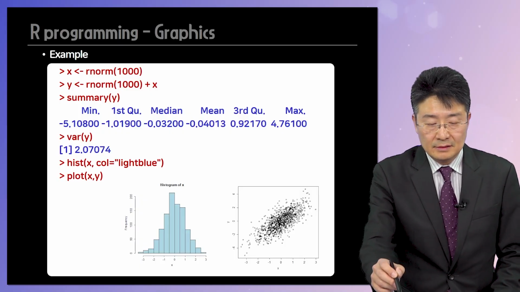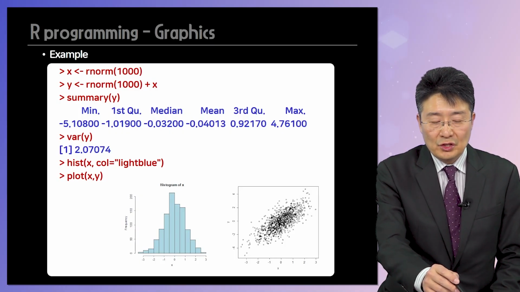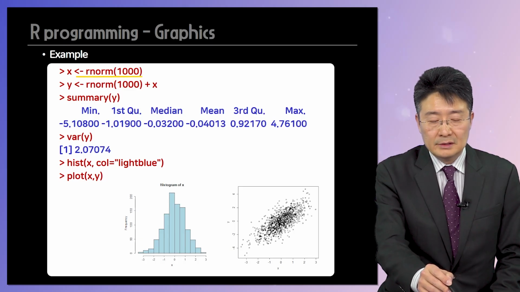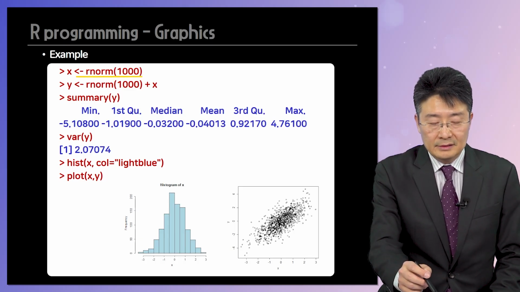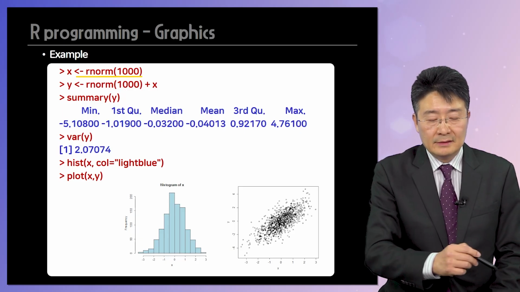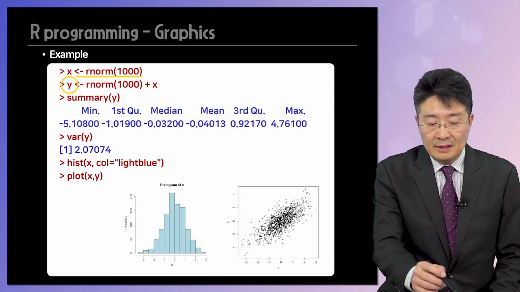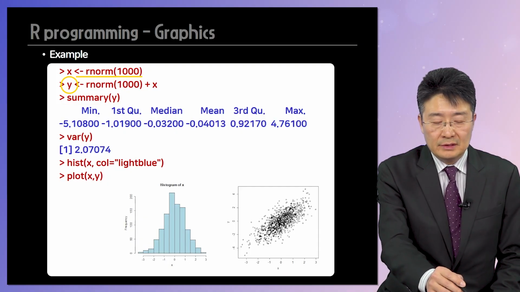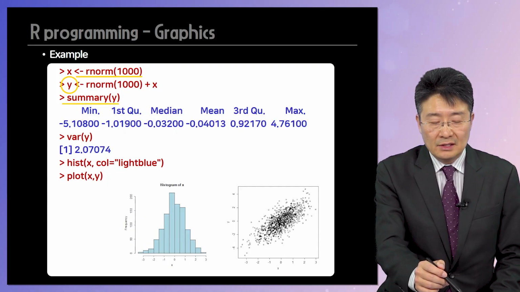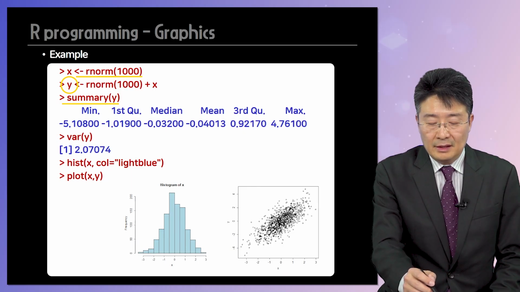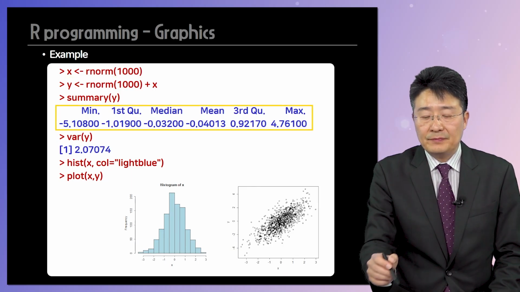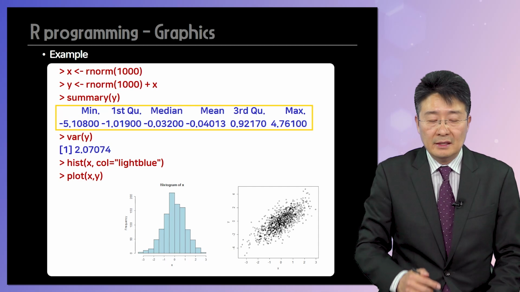Graphics. We can generate random numbers in here, and we can get this numerical vector named y. Then if we put the function summary, you will get descriptive statistics, as you can see.